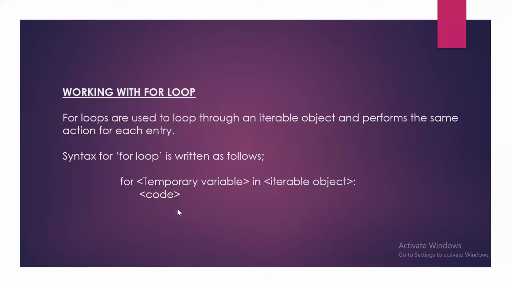Then we give a colon and specify the action which we want to perform for each entry, element, or item of that object. If we read this statement, we will phrase it like: for an element in an iterable object, please run this specified code. And this specified code can be any action. So let's see how we can use the for statement in Python.